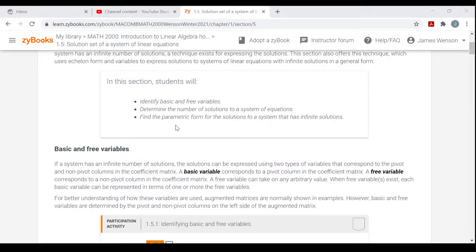And if it has infinitely many, can we describe them all? That's what the parametric form of the solutions to a system means. When they say find the parametric form for the solutions to a system that has infinitely many solutions, this parametric form is a description of all the infinitely many solutions, a way to find them all.